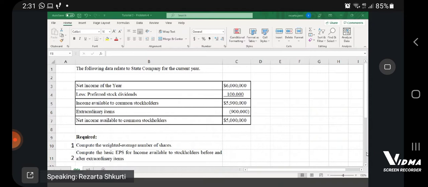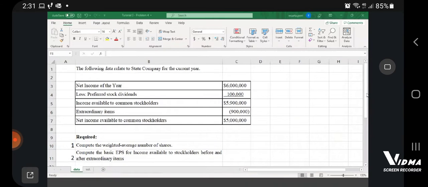I'm checking problem 4 in the tutorial. Maybe I did not take all the information there. Okay, so problem 4 has a lack of data. Okay, so net income, common shares.